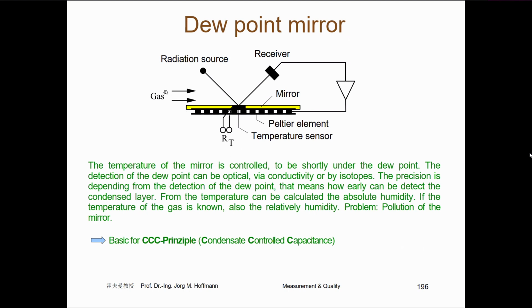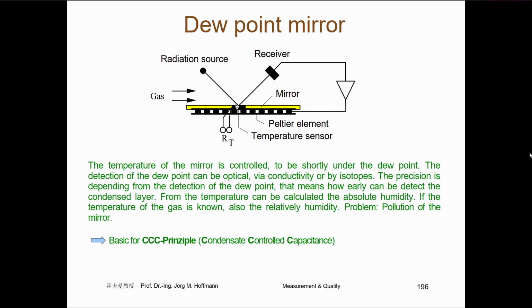And when you have the gas here, you have to determine the point when you get water on the surface. You can do that with light. You have a sender, a photodiode for example, you have a receiver, and normally you have a clean mirror.